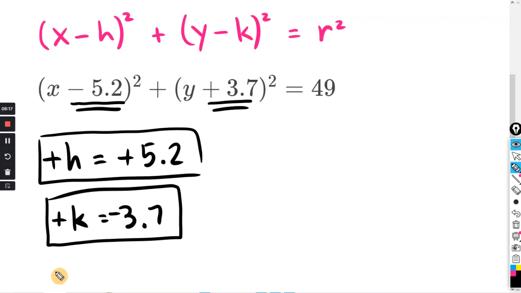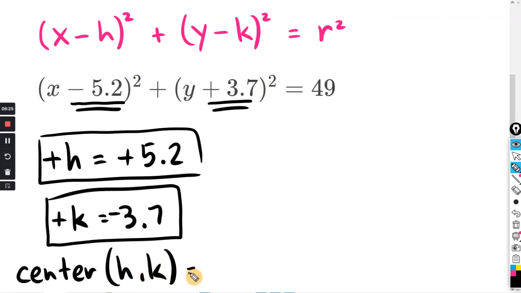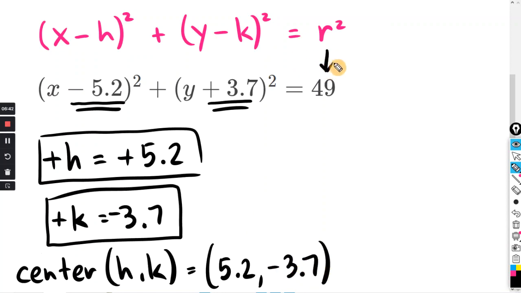Okay, so we have the center, which is h comma k, and that's going to equal 5.2, comma negative 3.7. All right, and finally, on the right-hand side of the equal sign, the r squared equals 49.